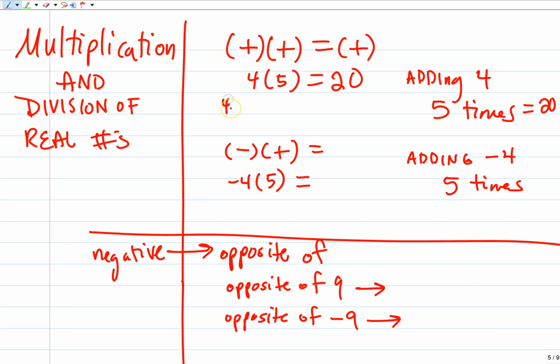I know that 4 times 5 means the same thing as 4 plus 4 plus 4 plus 4 plus 4. Adding 4 5 times. Agreed? This basically means the same thing as what?